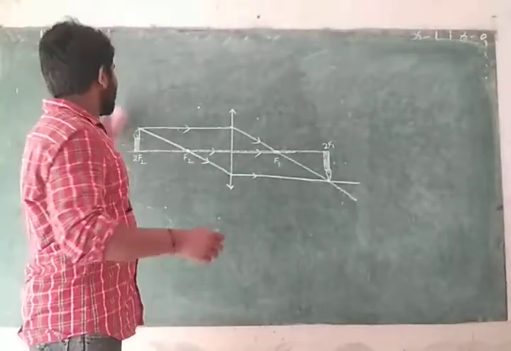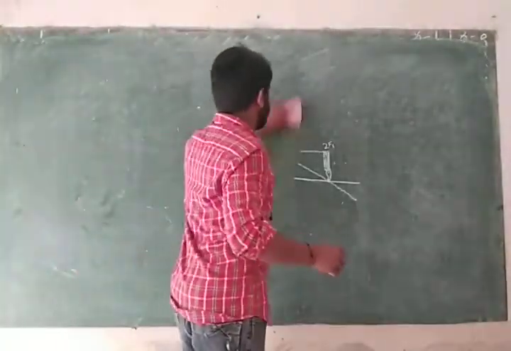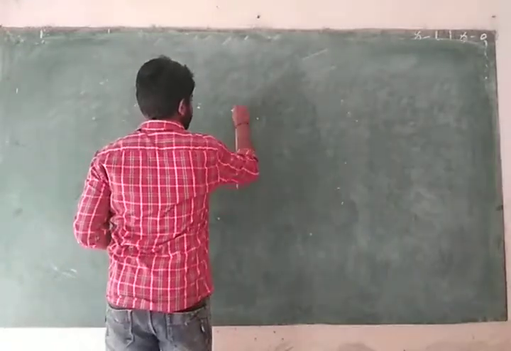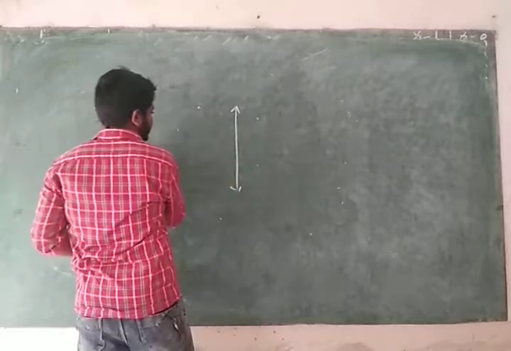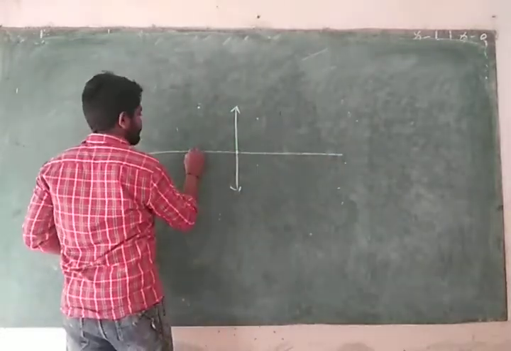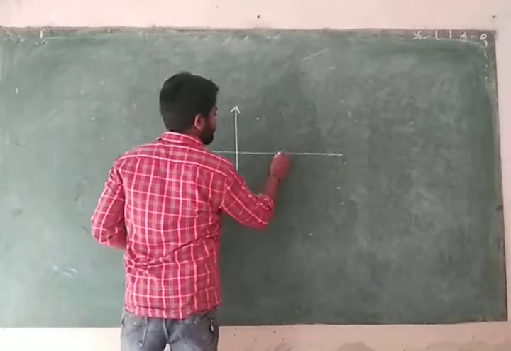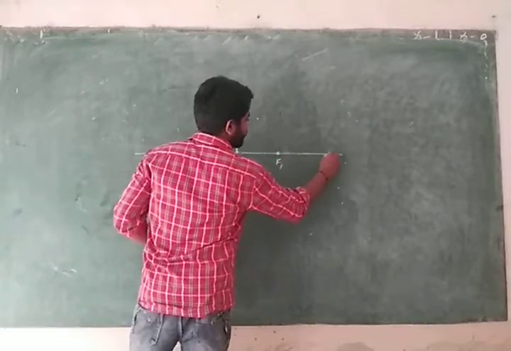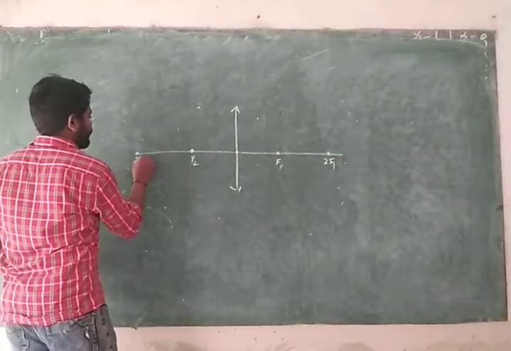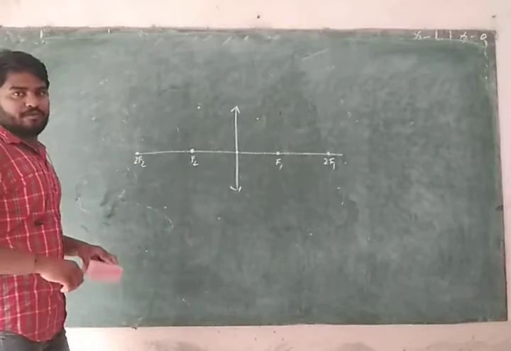Now let us see the third condition. Same, we'll take the convex lens and optic center, with f2, f1, 2f1 and 2f2.